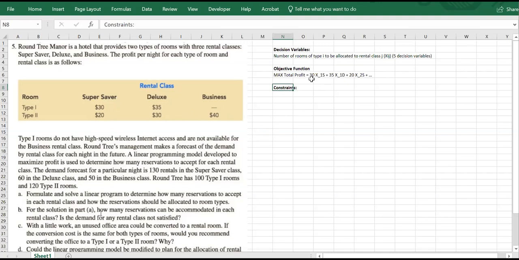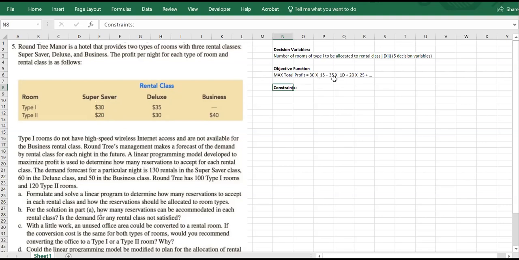So this 30 profit per unit applies as long as the sum of X1S plus X2S is less than 130, because beyond that, there won't be any customer asking for super saver class. You have only 130 people asking for super saver.